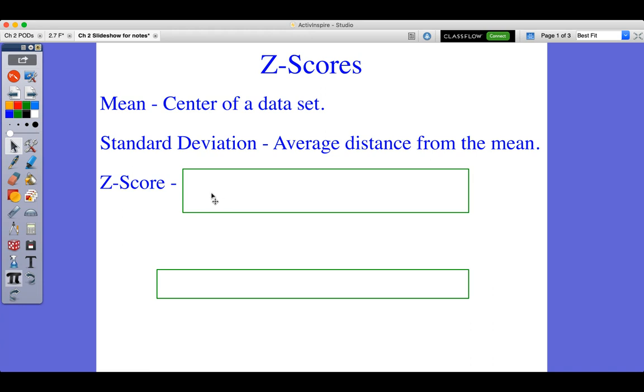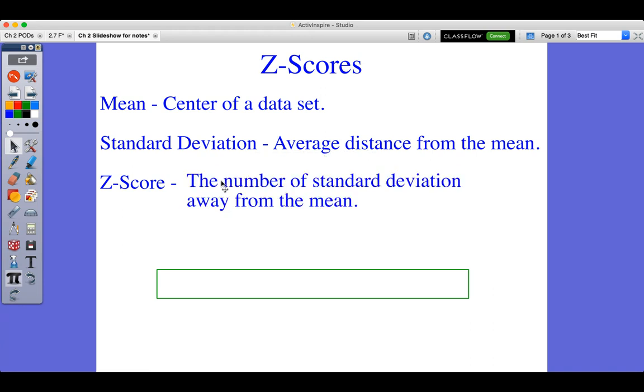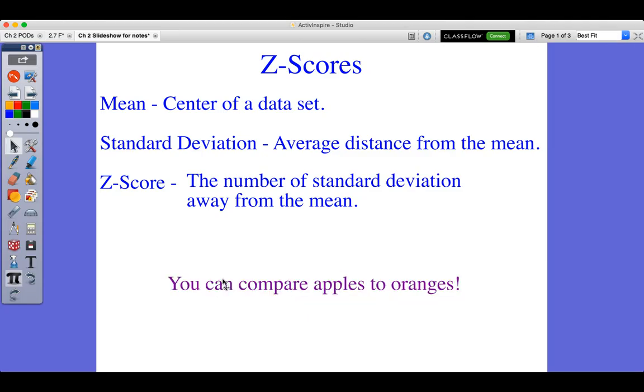Now, what a z-score measures is the number of standard deviations that you are away from the mean, okay? And what it allows you to do is compare apples to oranges. So let's say you want to compare Tiger Woods, who's a golfer, to Michael Jordan, who's a basketball player.